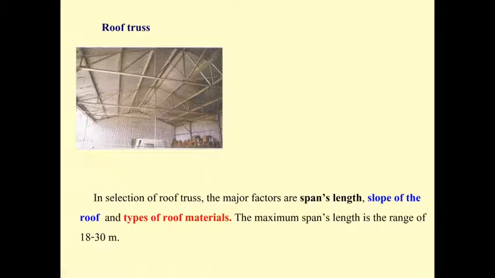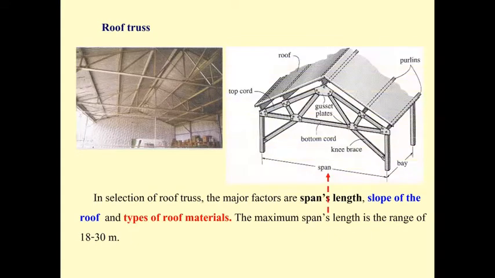The truss is good to build the roof because most of the steel truss can span up to 30 meters, like the one that we have in the canteen of the academic building one. The model of the truss mostly may look like this.